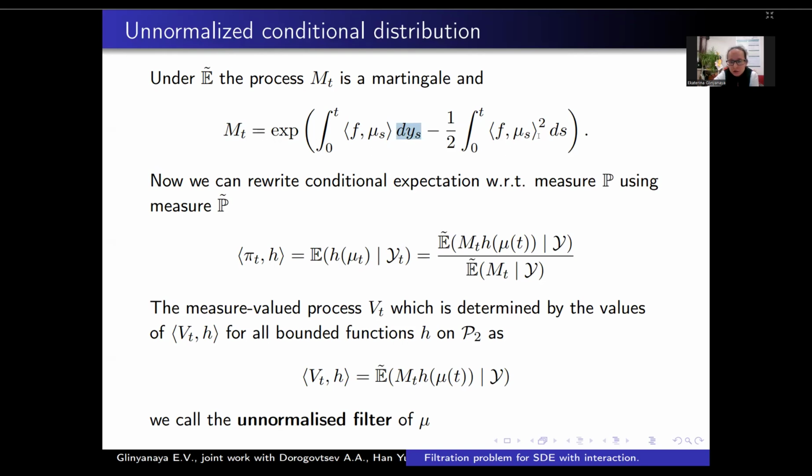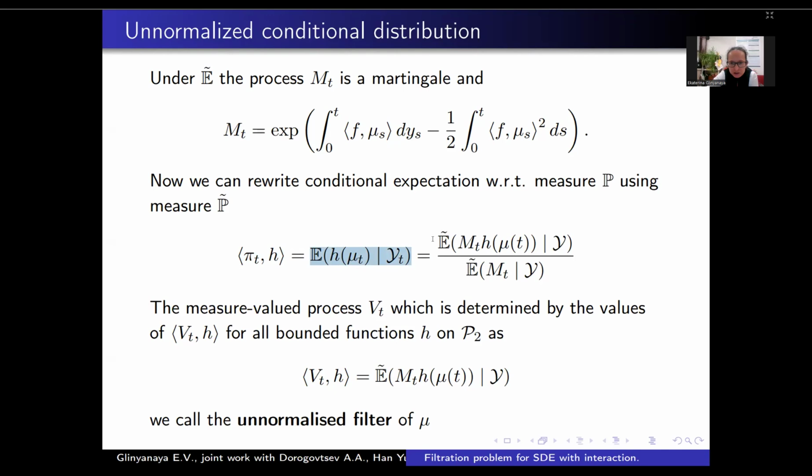So here we just have the stochastic exponent of the usual form. Here y is a linear process on this new space. And now, in order to find our optimal filter for the initial problem, we will use what sometimes people in the literature call the Bayes formula for conditional expectations.